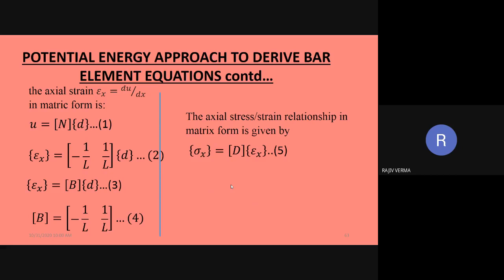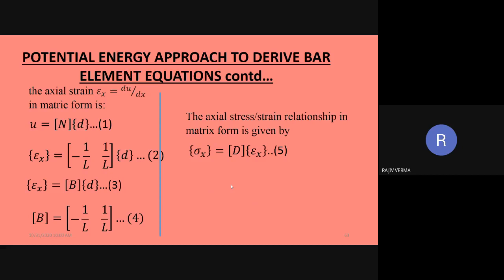Obviously, the D matrix itself is going to contain terms of elasticity. There is going to be a bulk modulus also, and there is going to be a Poisson ratio also. And for an isotropic homogeneous material, the D matrix is going to be a symmetric matrix.